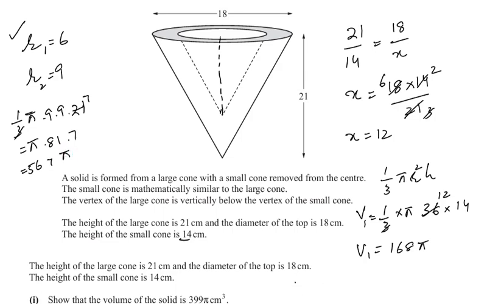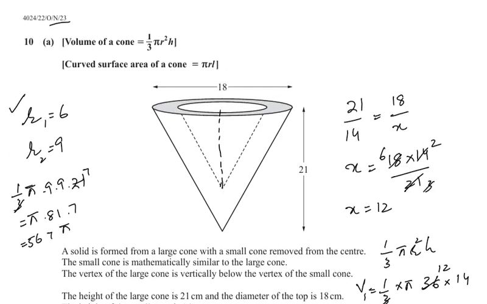Now the total volume of this solid is 567 pi, and you have to remove 168 pi from this, and it will certainly be 399 pi centimeters cube.